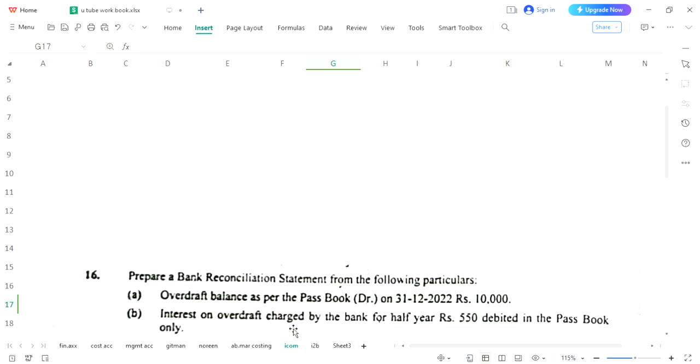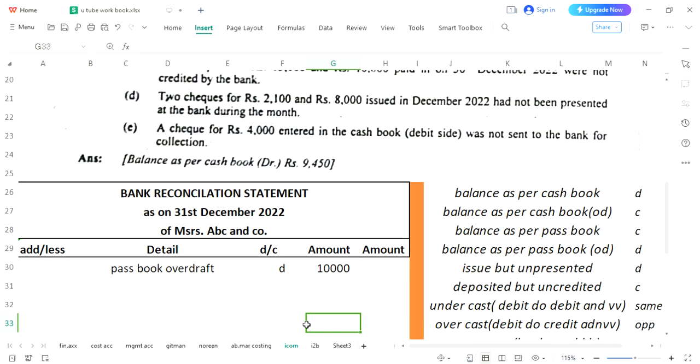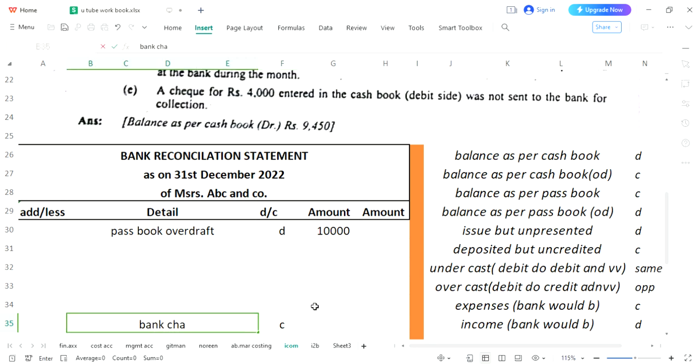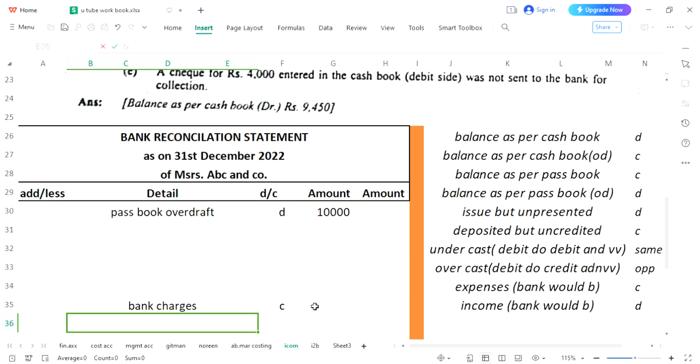Interest on overdraft charged. Please underline this word, charged. Charged by the bank means expenses or charges, one and the same thing. In charges and expenses, we will credit the amount. This is bank charges.